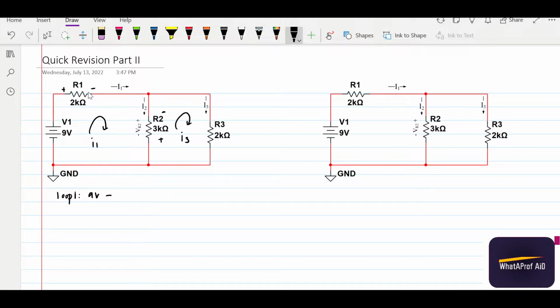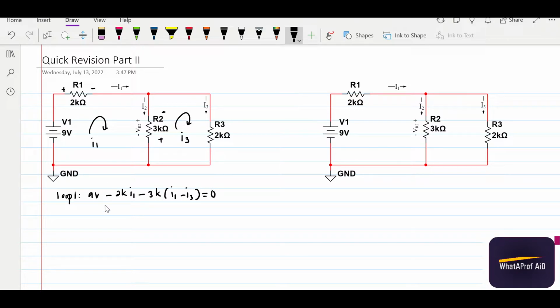Here my ending polarity is negative, so negative 2k I1, and here we follow this polarity, negative 3k. Here we have to be careful because in this line we have two currents effectively. When we go in this direction, the same as the I1 direction, the effective current on this line will be I1 minus I3, equals to 0.